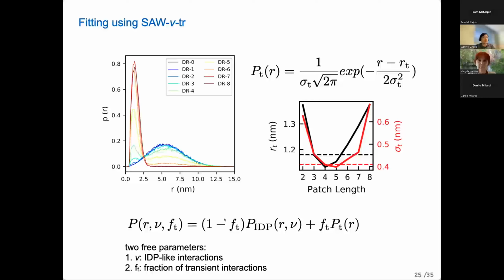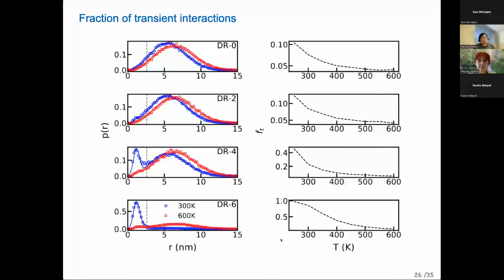With that model, we can analyze all these DR peptides, and we find that at different temperatures, the transient interaction clearly reduces. At 600 Kelvin, all of them disappear, but at 300 Kelvin, for different DR peptides, there is still sufficient transient interaction from those charge patches.